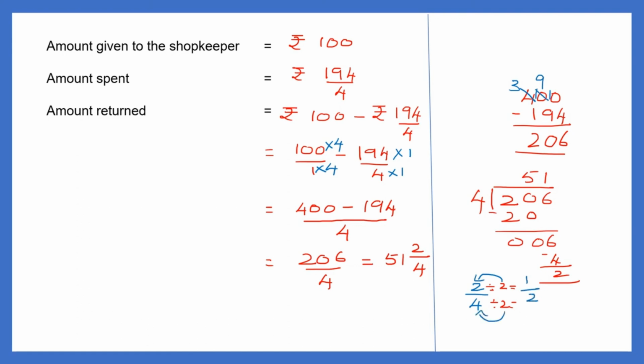I get 1 by 2. So when I write my final answer here, it becomes 51 1 by 2 rupees. So the amount returned is 51 1 by 2 rupees.